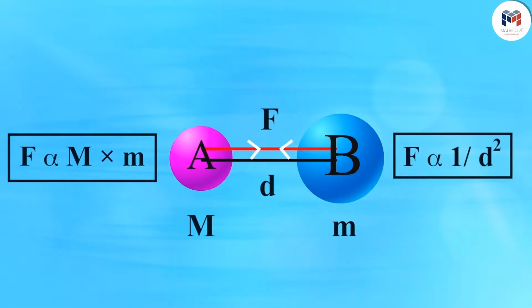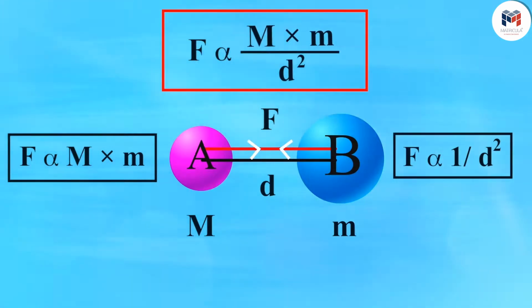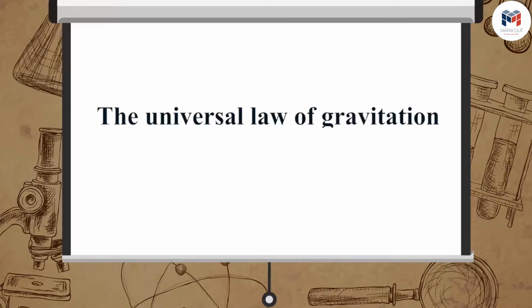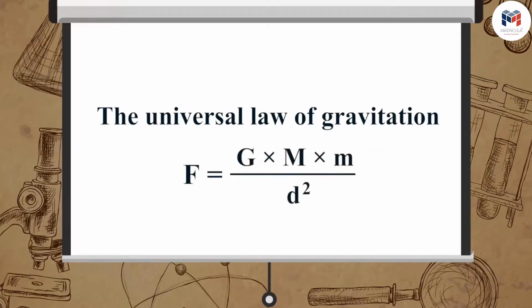Combining these two equations, we get F is directly proportional to m multiplied by m upon d square, or F is equal to G multiplied by m multiplied by m upon d square, where G is equal to constant of proportionality or universal gravitation constant. So here we can sum up the universal law of gravitation as F is equal to G multiplied by m multiplied by m upon d square.